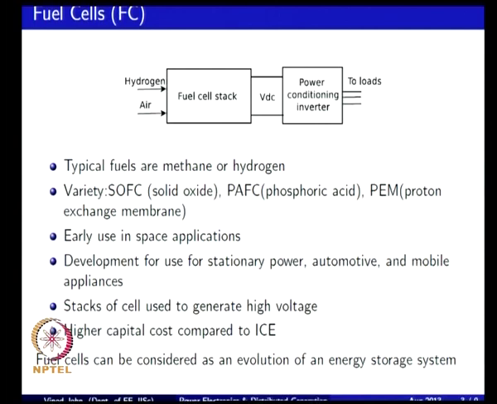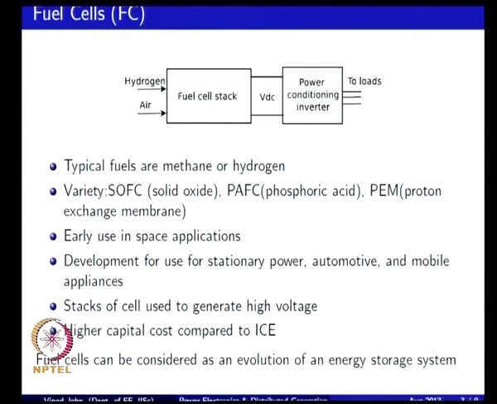If you look at the early applications of fuel cells, they have been used in space applications for generating power, and there the cost was not that much of a constraint. But when you bring it to distributed generation or transportation applications, then cost is extremely critical.